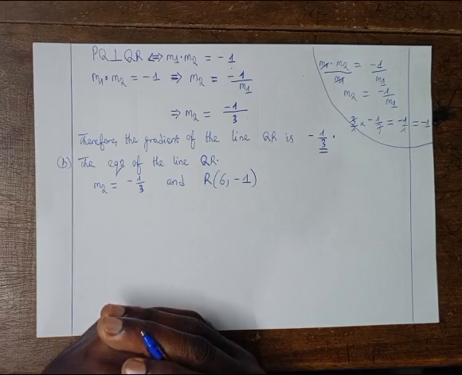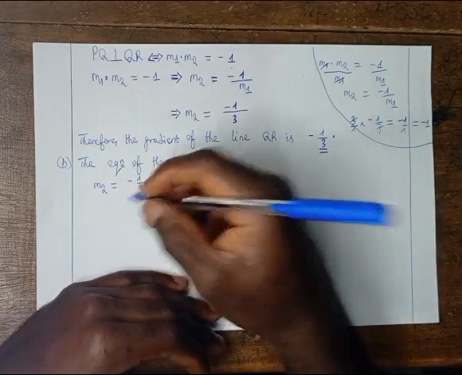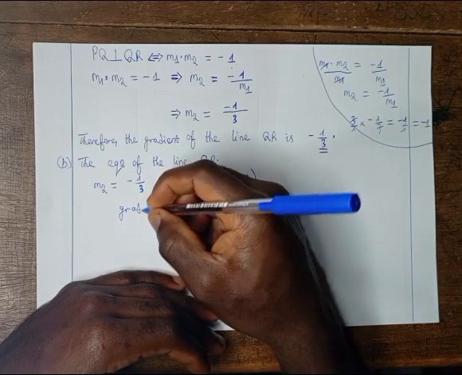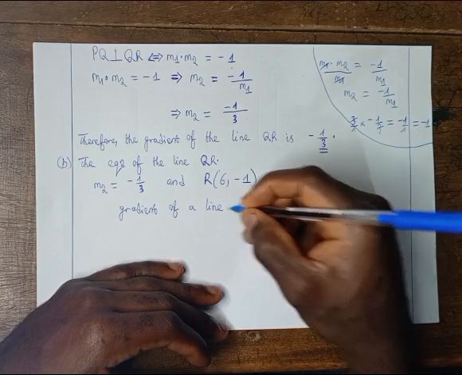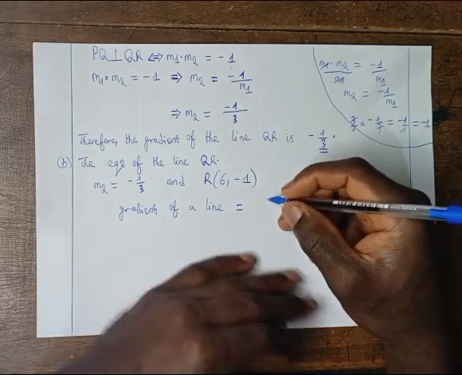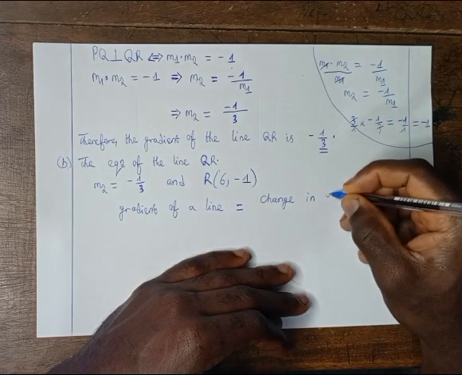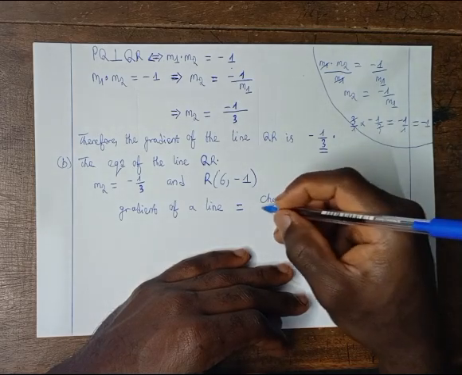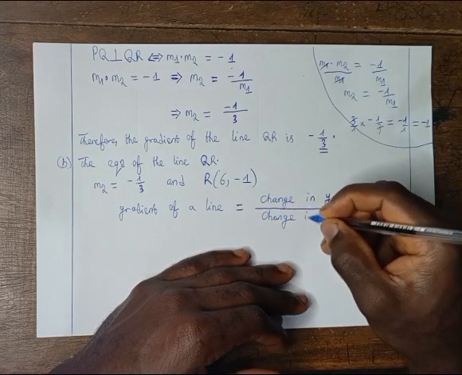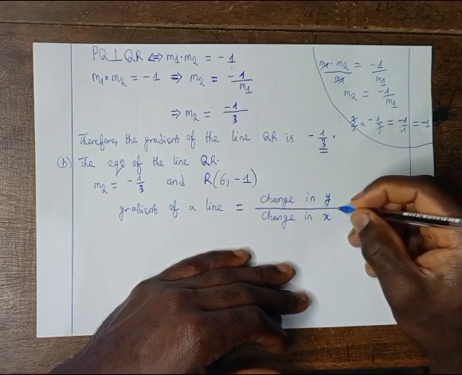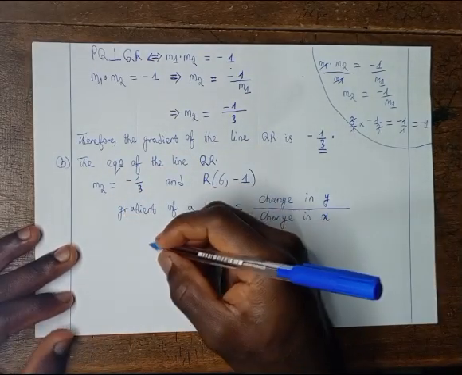For us to find the equation of this line, we know the gradient of a line is given by the change in y, the change in the y-axis, all over the change in x, the change in the x-axis. We know our gradient here is m2.